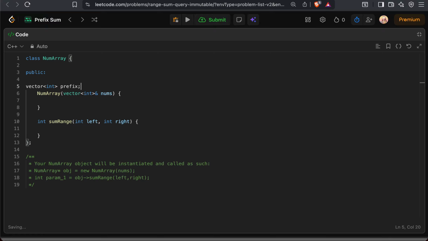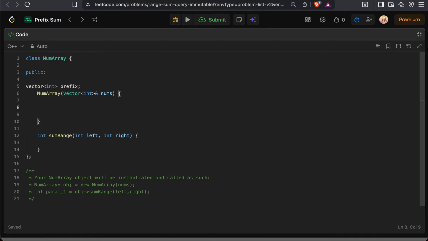We need the prefix array in both functions, NumArray and sumRange, so we store it outside both functions. Is this clear? Next we have to build the prefix in the constructor. When the object is created, build the prefix array once, then all queries use it.